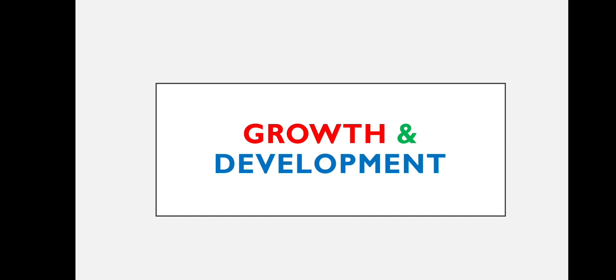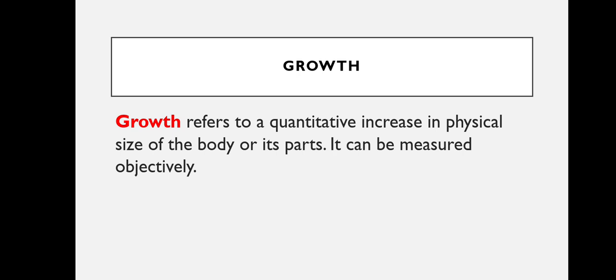What differentiates growth from development? Okay, so now let's look at what is growth. Growth refers to a quantitative increase in physical size of the body or its parts. So let's look at major terms in this definition of growth.